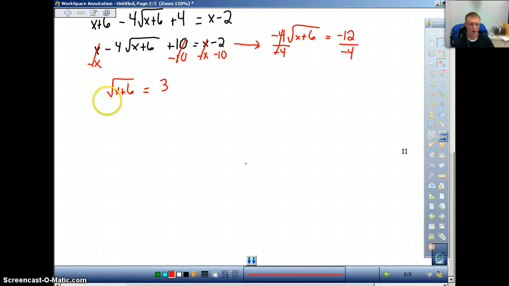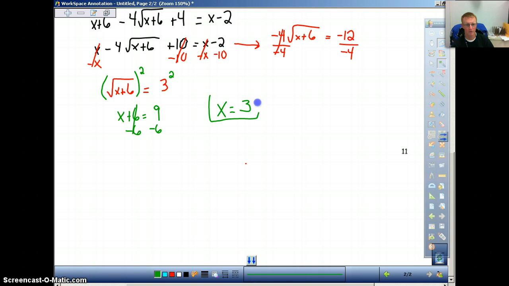This is back to what we were doing before. Squared, squared. So this is the second time that we've had to square this problem. So we're left with x plus 6 equals 9. Minus 6 on both sides, and we get x equals 3. All of that work just to get this one solution.